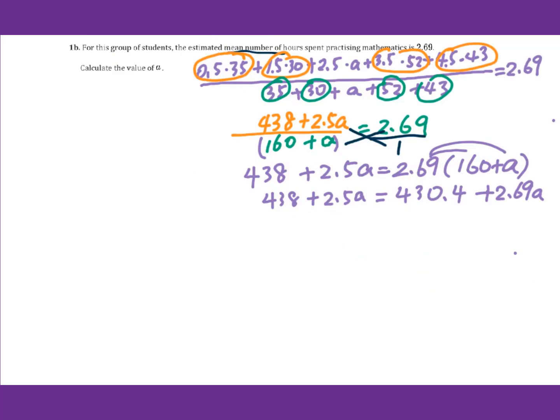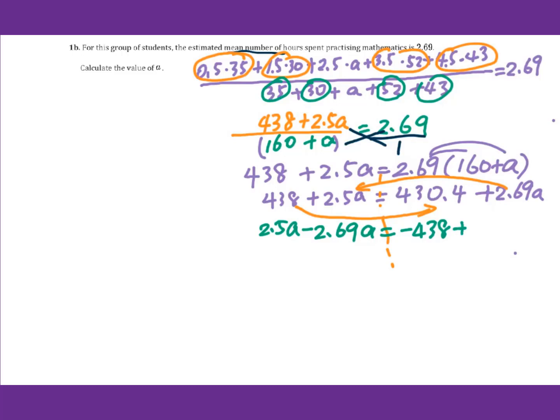After the distributive property, we want to figure out the A. So we move the A over here and move the constant number to the right side. You will get 2.5A minus 2.69A equals negative 438 plus 430.4.